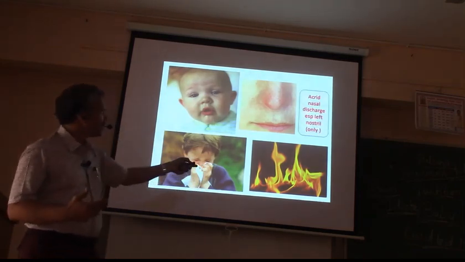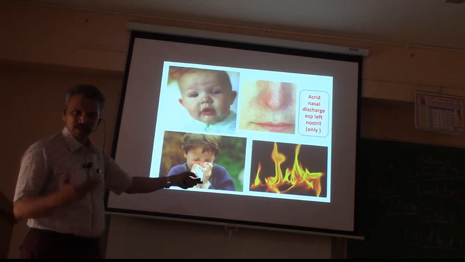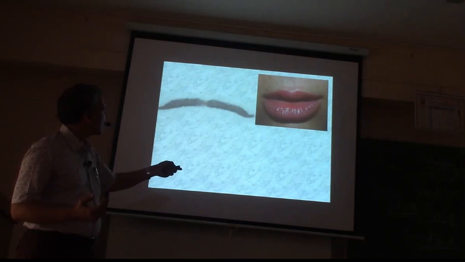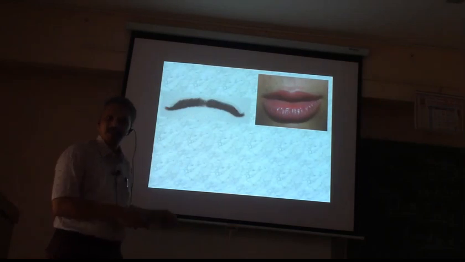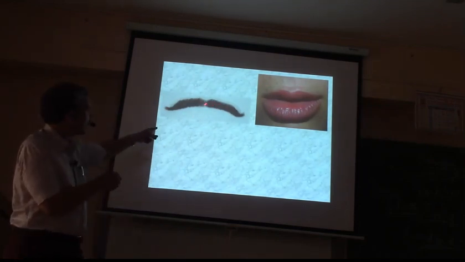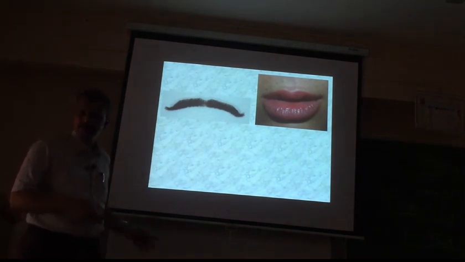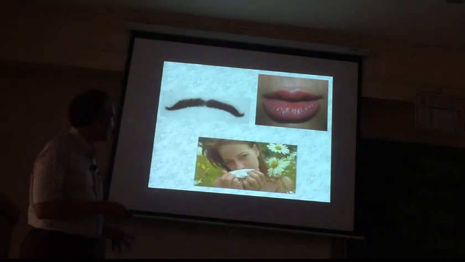Acrid nasal discharge, especially from the left nostril. We just spoke of that. And again I was trying to tell you about this part. So acrid that it can eat off the mustache, eat off the hair. Okay.